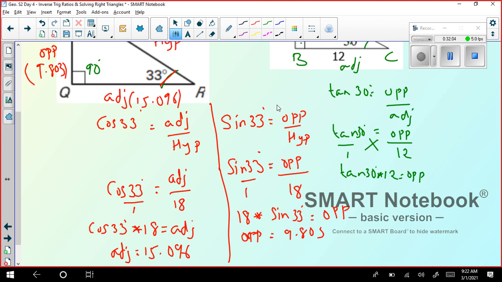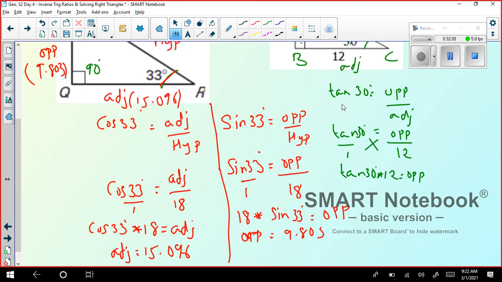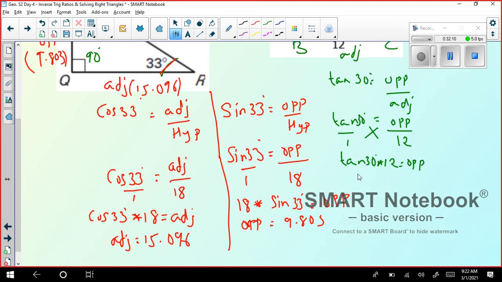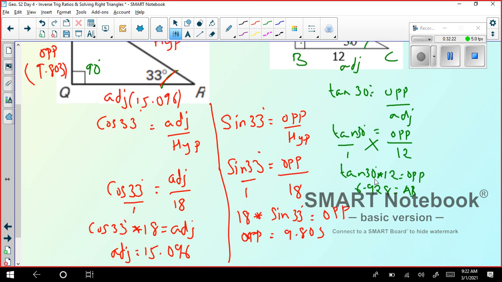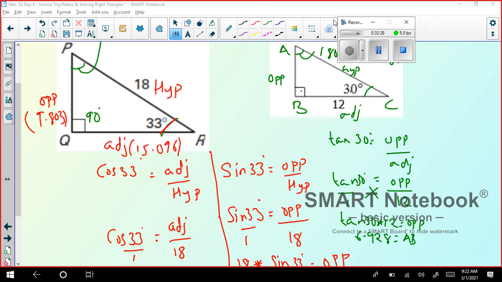So opposite was nothing but AB. So I can say AB is 6.928. Now I am interested in the other side as well. I have adjacent and hypotenuse, so I can use cos 30.